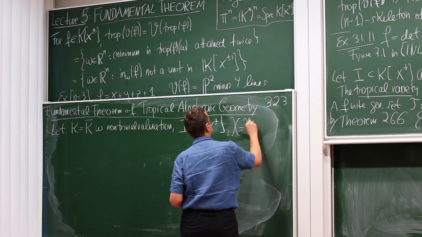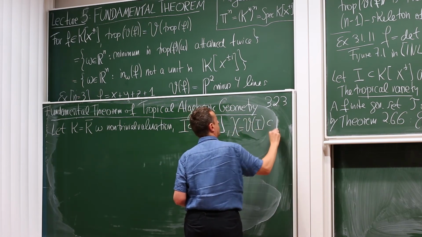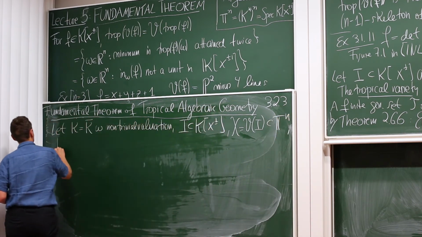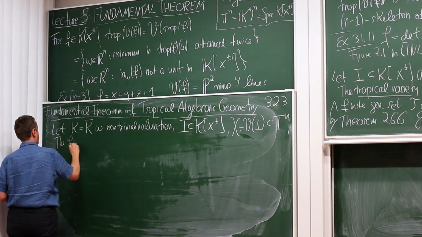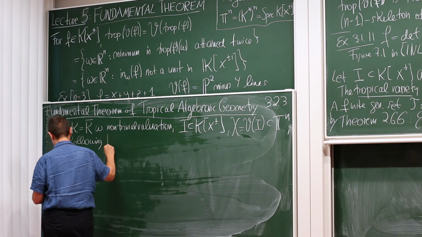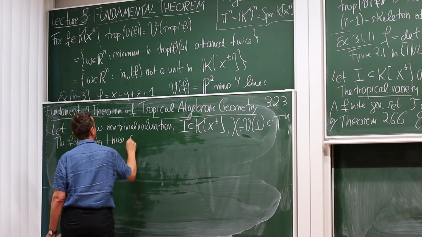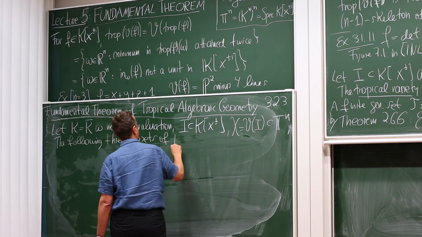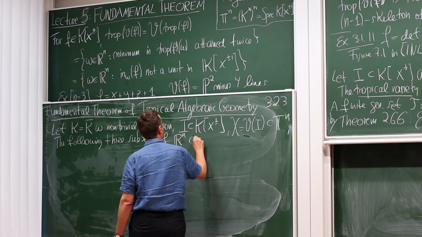X is the classical variety in the n-dimensional torus. Then the following three subsets of R^n coincide.